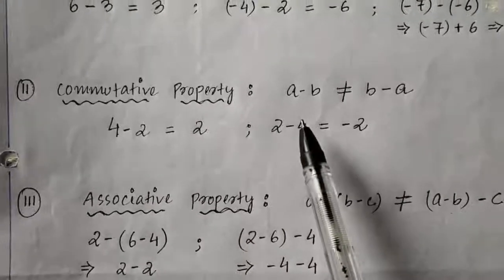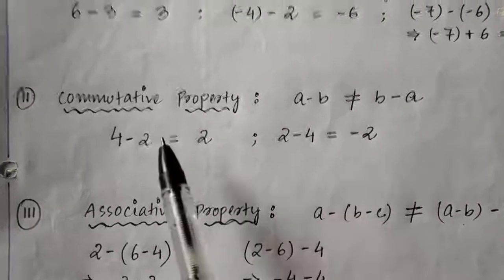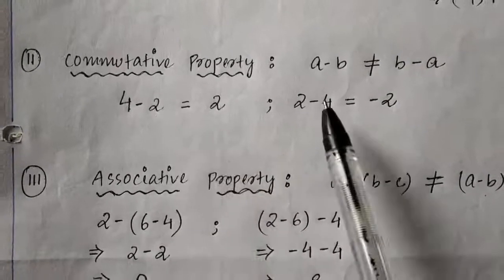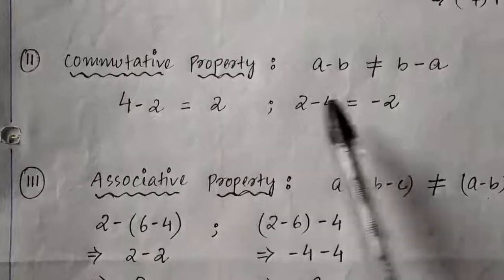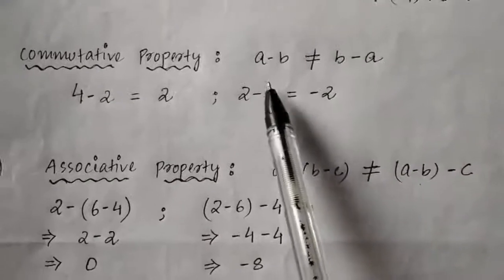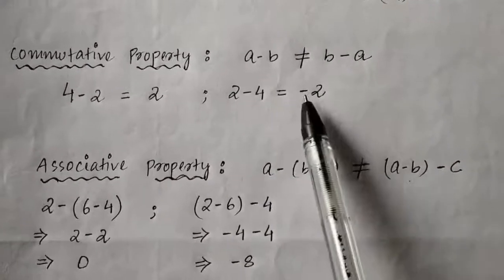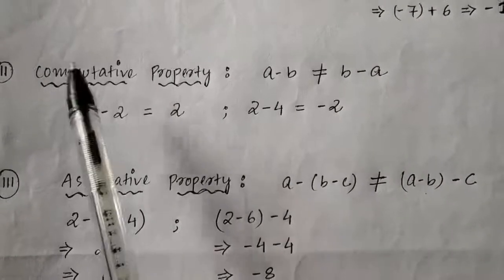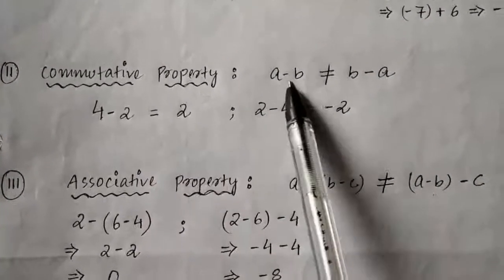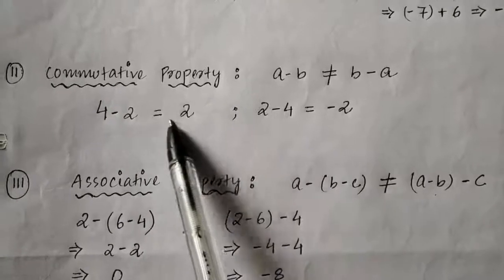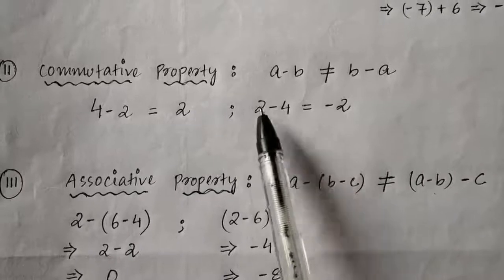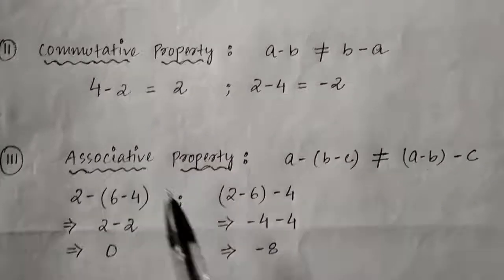But if we interchange the places, writing integer 2 first and integer 4 second, and perform the subtraction, we get minus 2. So for subtraction, our commutative property doesn't hold true, because the answers are not the same when the integers' places are interchanged.